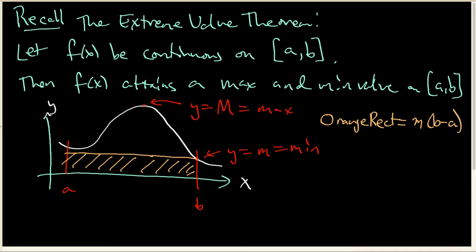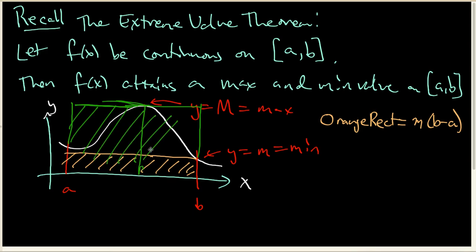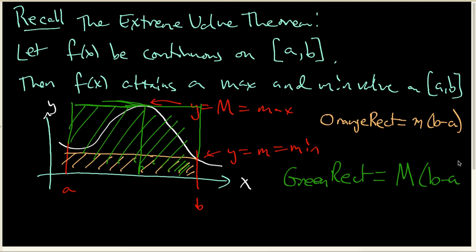And let's get another color. If I look at this green, and I draw this green rectangle that has height equal to the maximum value of the function, so there's the height of this green rectangle, the green rectangle has area capital M times b minus a.